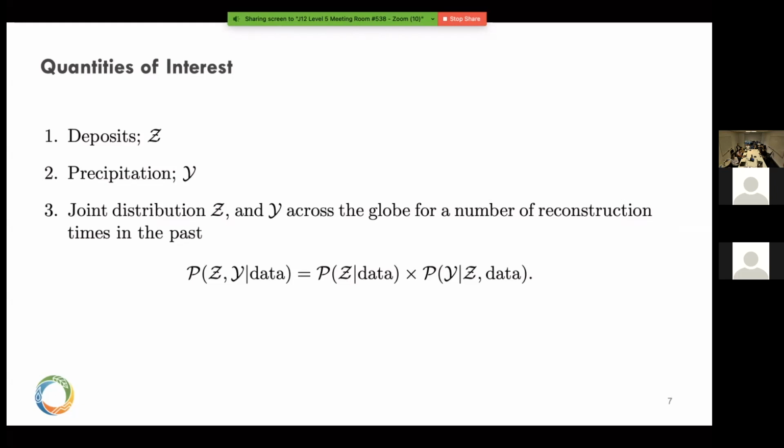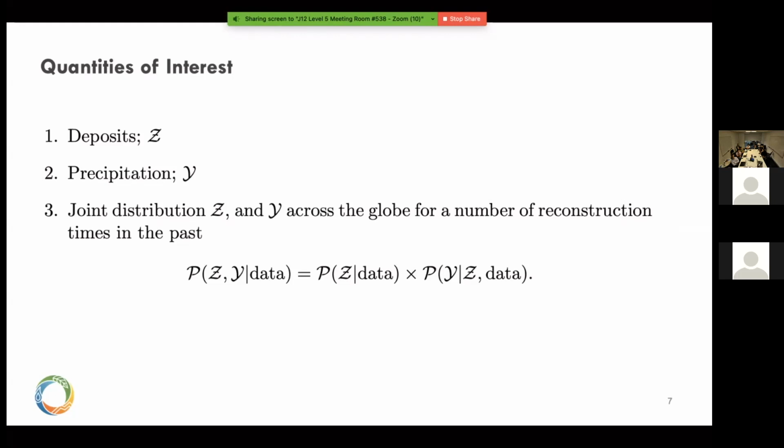Effectively, they were interested in the joint distribution of sediment deposits and the precipitation. Breaking that down, this is the distribution of the sediments conditional on the data times the distribution of the precipitation conditional on the sediments and the data. So the idea is to construct a model which models these two things.